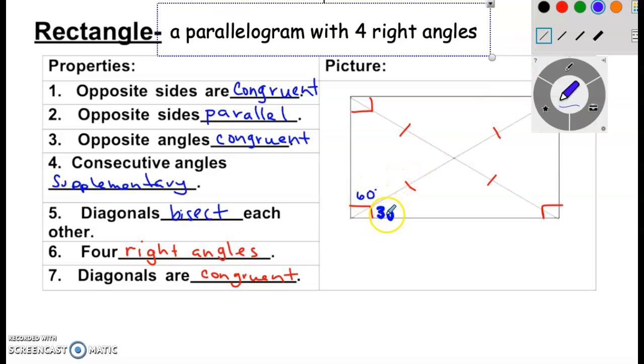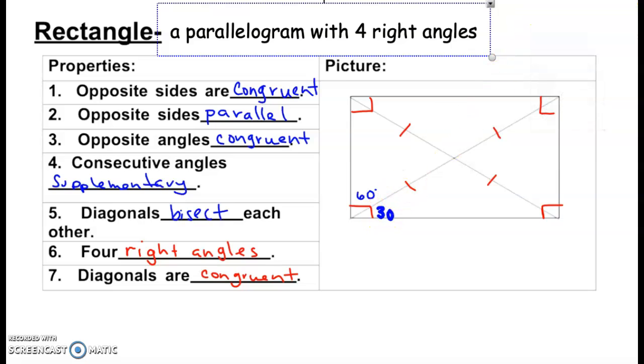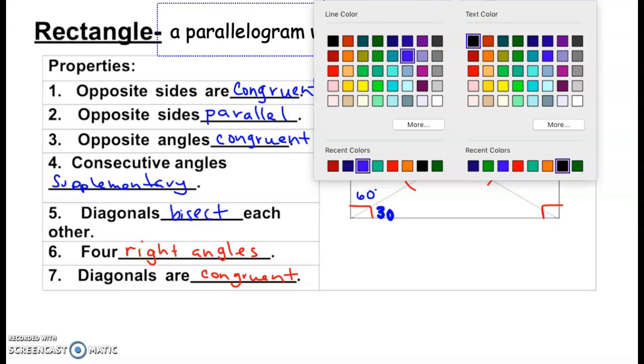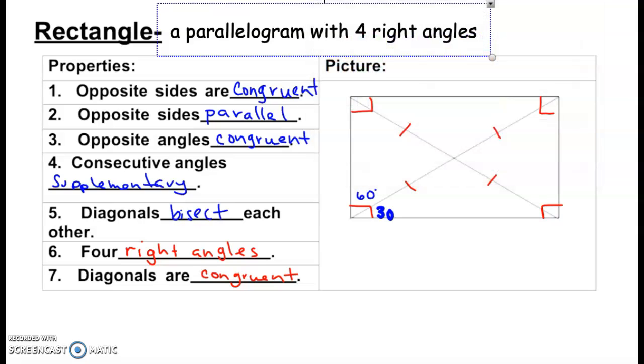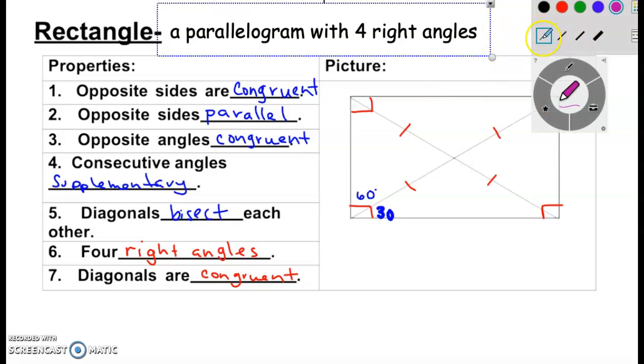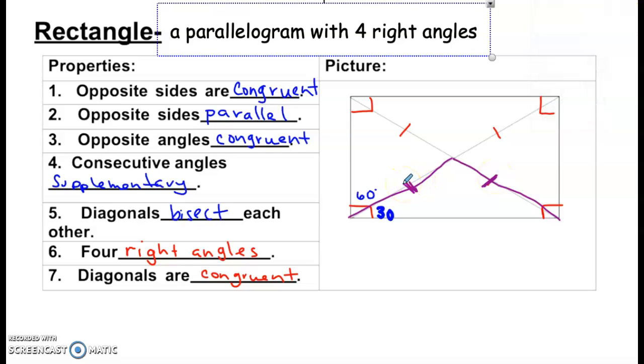Now, just like our rhombus, given 2 of the angles, I can actually work my way around, because what I want you guys to maybe notice here is that we have, oops, let me get rid of that. What we have here are isosceles triangles. So if I look here, this is actually an isosceles triangle. And remember when we did isosceles triangles, we learned that the base angles are going to be congruent to each other.